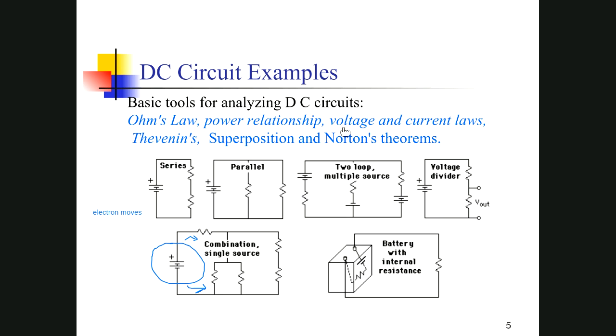We have the voltage law, based on the voltage concepts, and the current law, based on the current concepts. Thevenin's, superposition and Norton's theorems are all deduced from the above three laws. That's why we call them theorems. You may know the difference between laws and theorems, right?